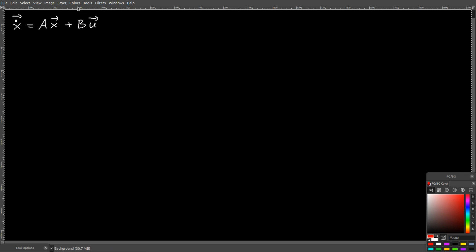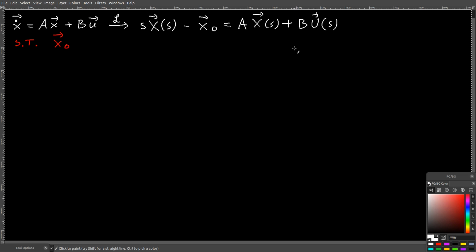If I assume that my states have initial conditions x0, then using Laplace, I have this equals this. So I've taken my LTI state space equation into the Laplace form. I can rearrange it in this way, where the term with A times X(s) goes to the left and the initial conditions term goes to the right.